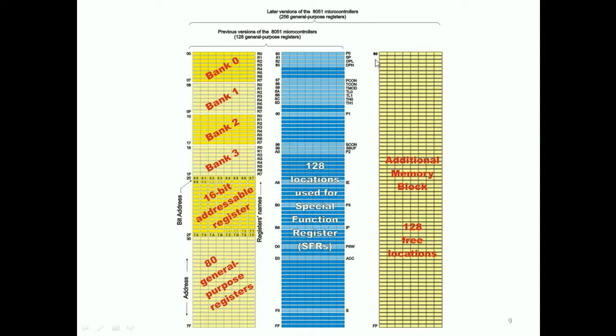This 80 to FF is 128 locations used for special function registers. Like this, the 8051 microcontroller memory is organized.